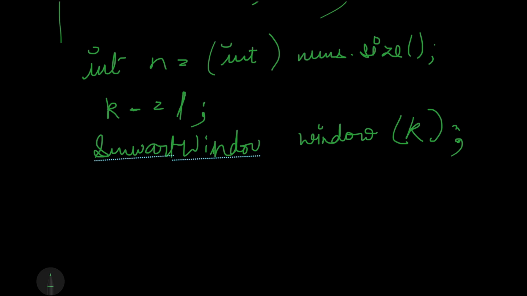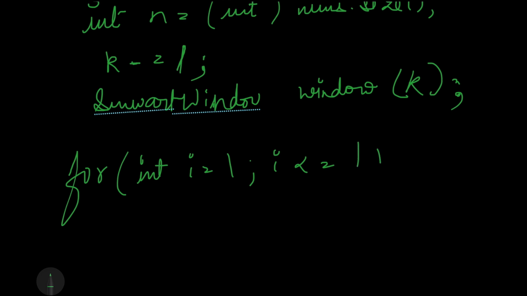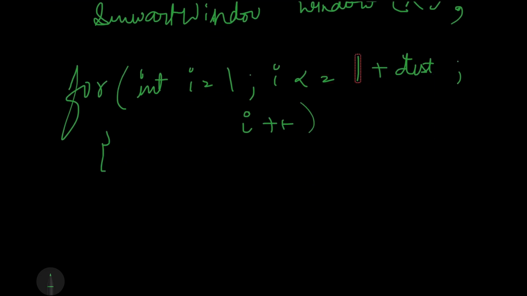Suppose k was 3; minus 1 we have already done because for 1 we already have the 0th index of nums. Then we'll iterate from 1 till 1 plus distance. This will be our first window.